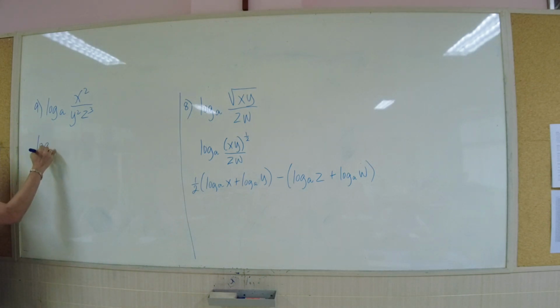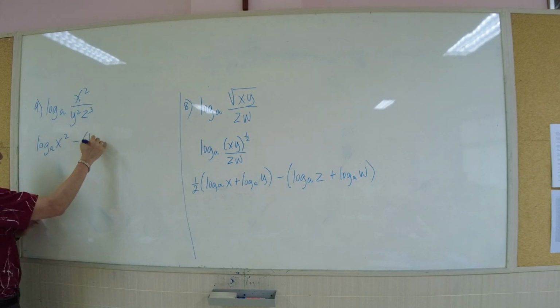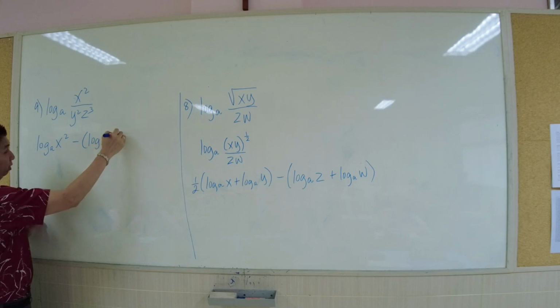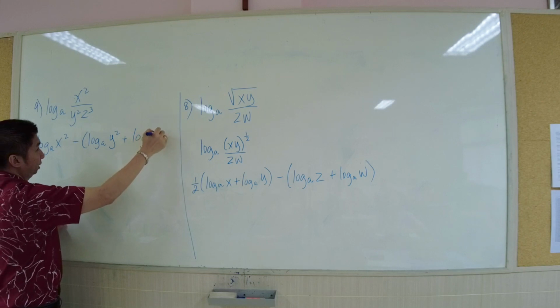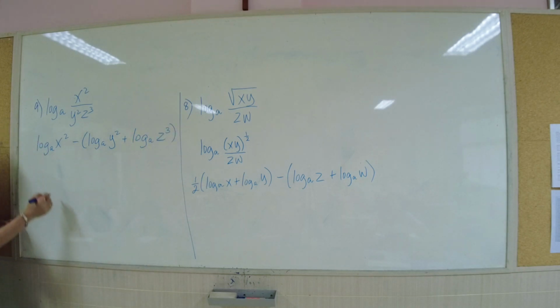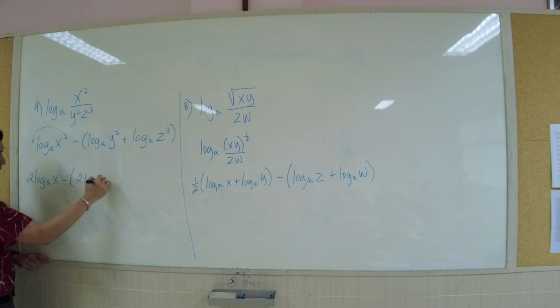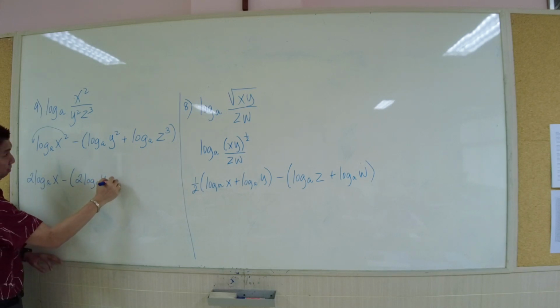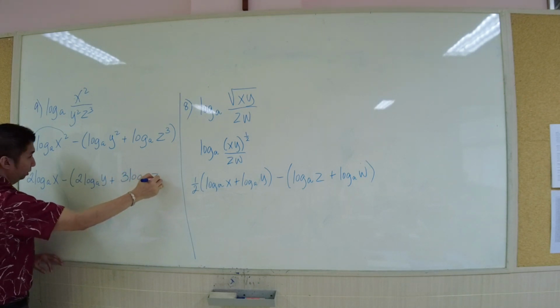So we have logarithm of x power of 2 minus this one, logarithm of y power of 2 plus logarithm of z power of 3. Then move it here. 2 logarithm of x minus 2 logarithm of y base of a plus 3 logarithm of z.